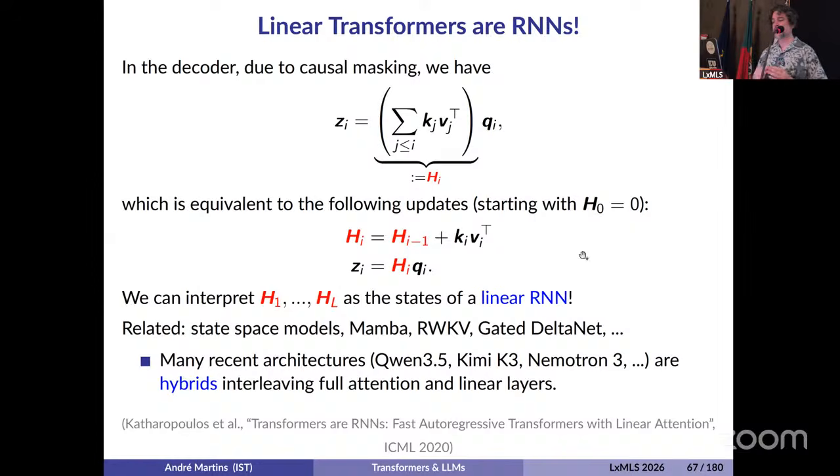Okay, and in fact, most of the recent architectures that are coming out, very recently we had Kimi K3 released and the new Qwen as well. They are all hybrids that interleave full attention layers with linear layers that are like linear transformers of various kinds. Some of them are Mamba, some are gated delta nets, and so on.